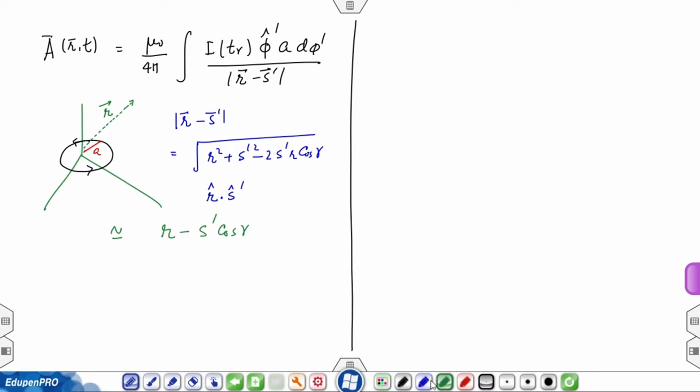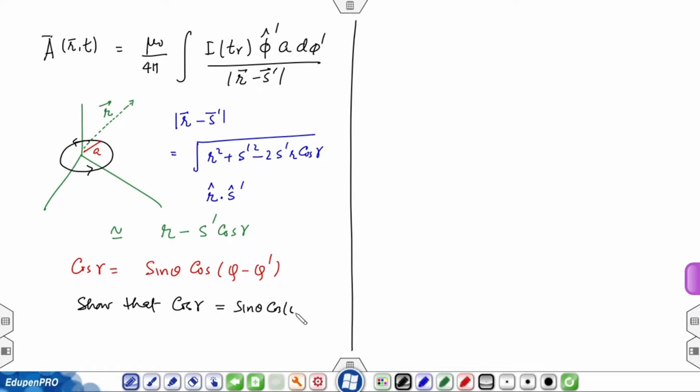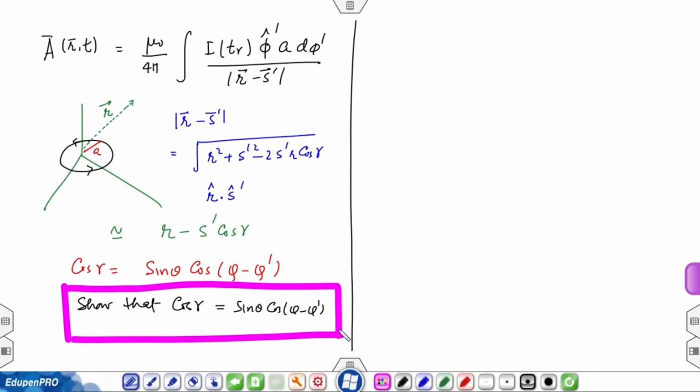I will leave it for you to work out that cosine gamma comes out to be sin theta cosine of (phi minus phi prime), where all these phi, theta have their standard meaning.